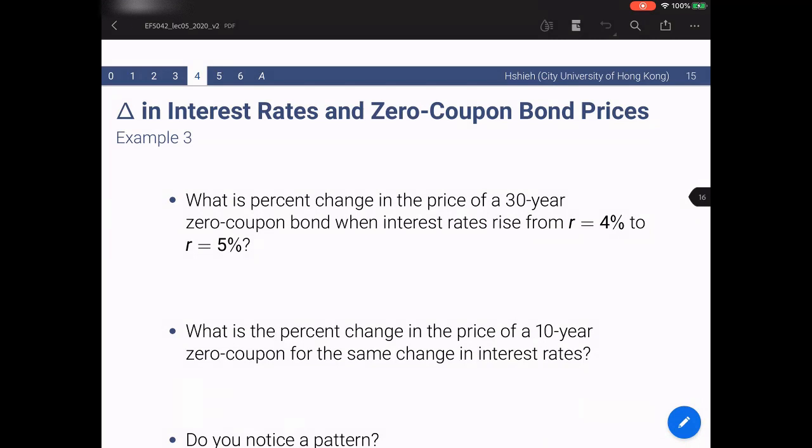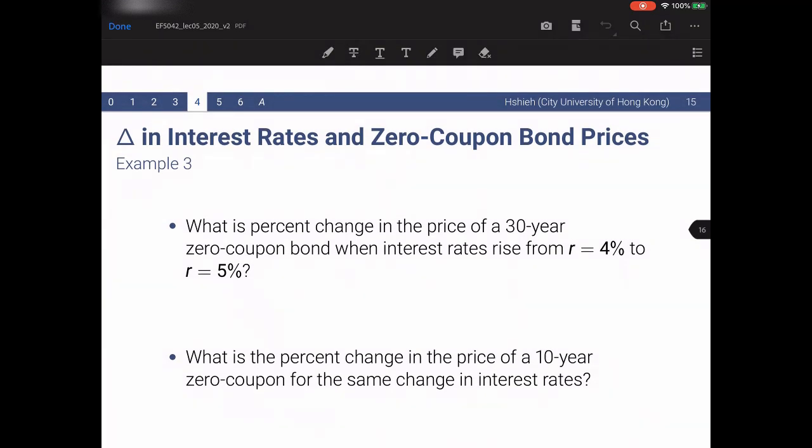So how do we calculate the price of a bond that pays $100 30 years in the future with interest rates at 4%? We simply do this by discounting this future value back to time 0 using the discount rate of 4% to get the present value or the price. So the price, P0, meaning the price today, is equal to $100 in the future, discounted at 1 plus 4%, compounded 30 times, 30 years.